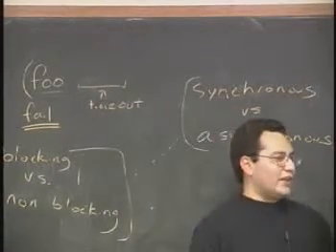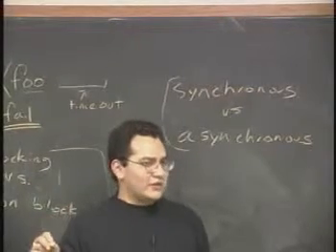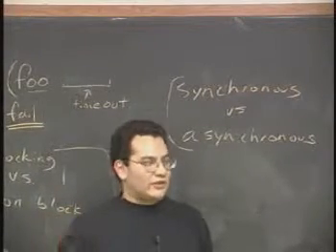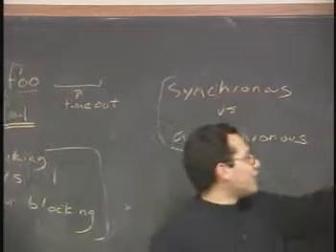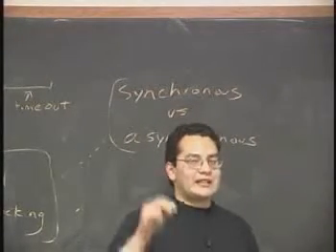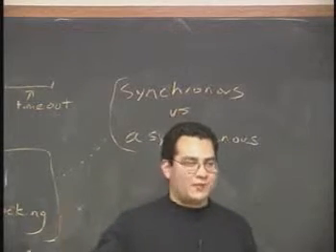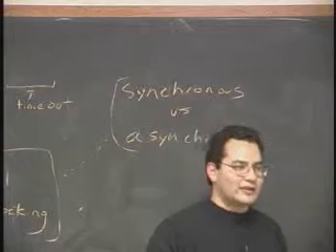If you have at most once, then you had either 0 invocations or 1, but you don't have any more. And then the third one is exactly once, which is that this thing's going to happen at some point, but it's not going to happen 0 times. It's not going to happen more than once. It's going to happen exactly once.